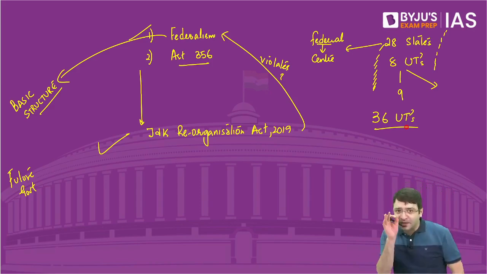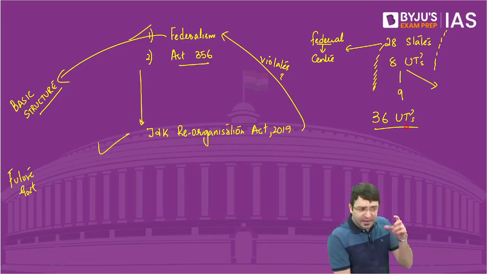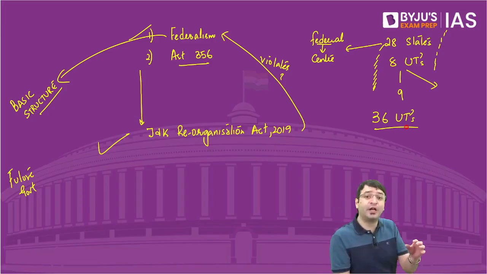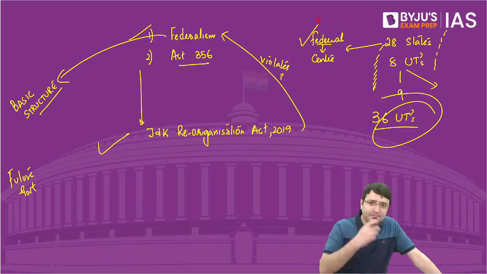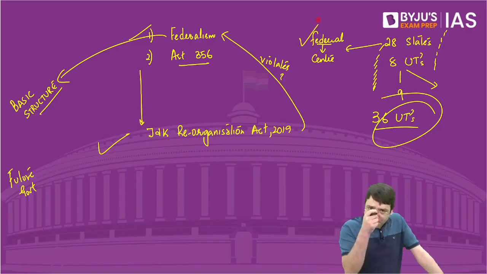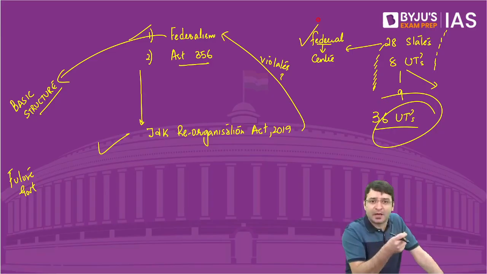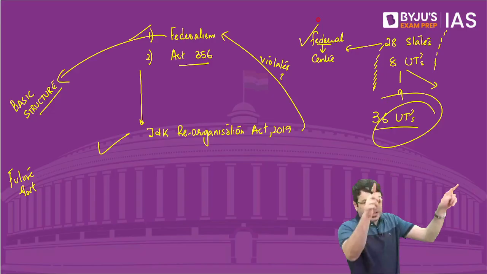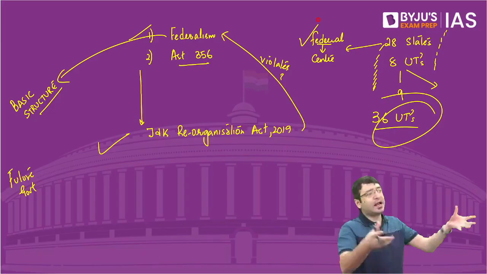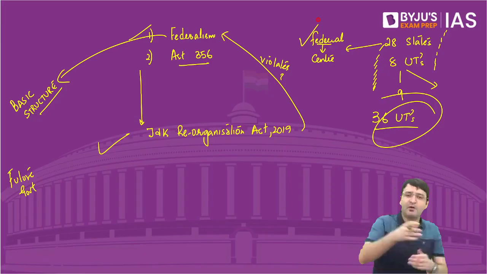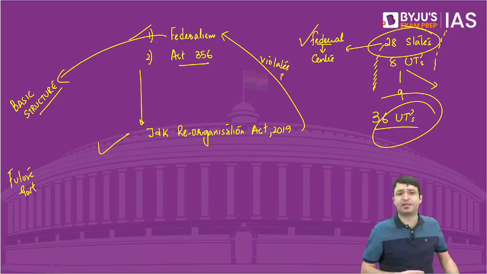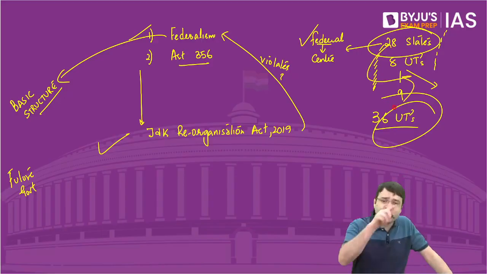That means Article 1 then would be: India, that is Bharat, shall not be a union of states. India, that is Bharat, shall be a union of union territories. Then where is federalism? Because if this power indeed is with the parliament, that it can downgrade an entire state and convert it into a union territory, what stops a government from converting all the 28 states into 28 union territories?